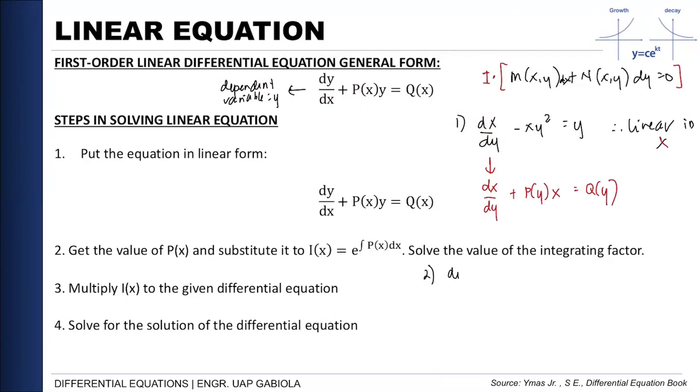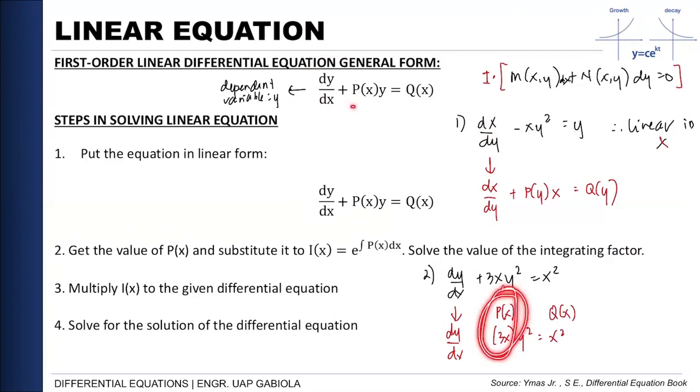Number 2, let's say we have dy/dx plus 3xy squared is equal to x squared. So when we change that into the general form, we have dy/dx, and then the 3x, that is our P of x. Then we have y squared is equal to x squared, that is our Q of x. As you can see here, our P of x is okay because it is in terms of x.